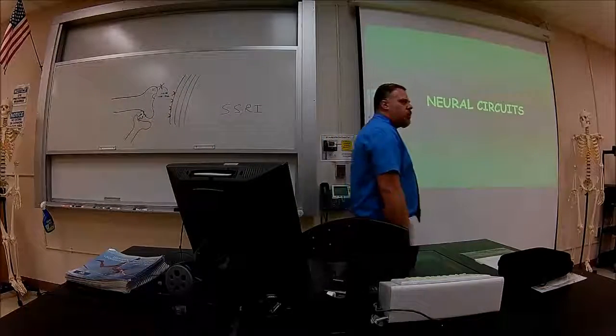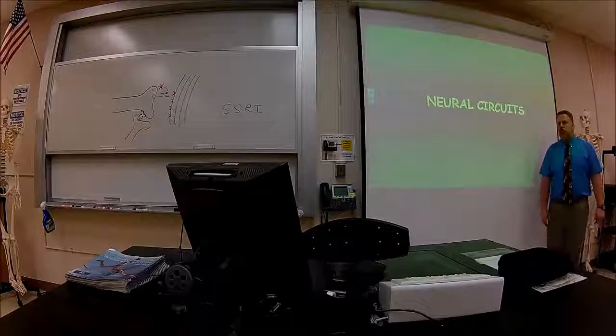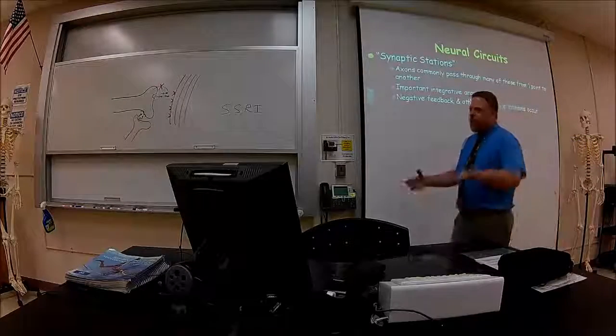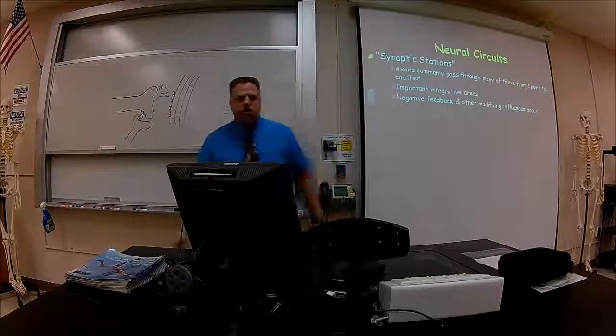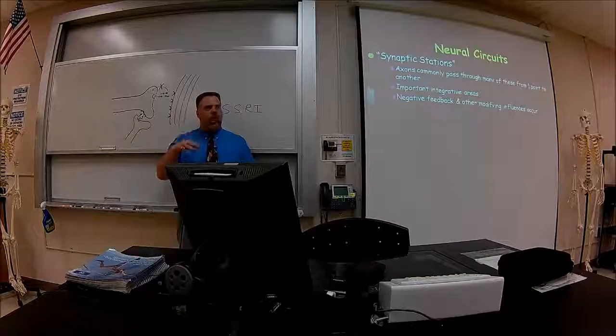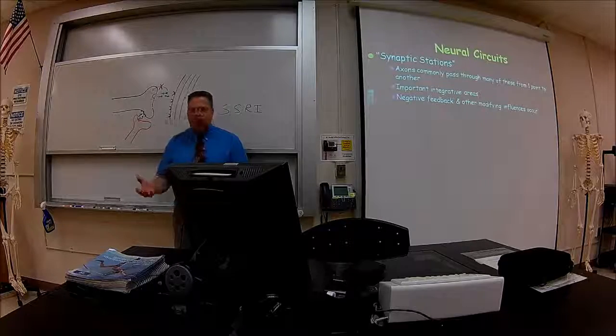Alright, neural circuits. Alright, pretty easy to do. Last thing I'll do with this part. Neural circuits is we have these synaptic stations, and we have axons that are going to go to certain neurons and do certain things with them. Okay?